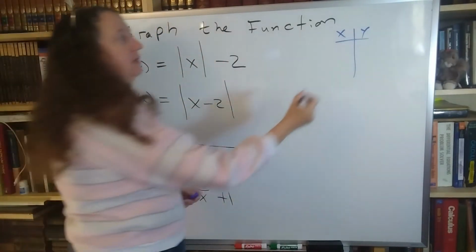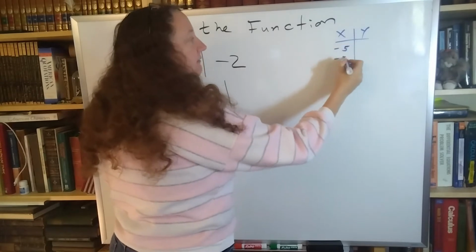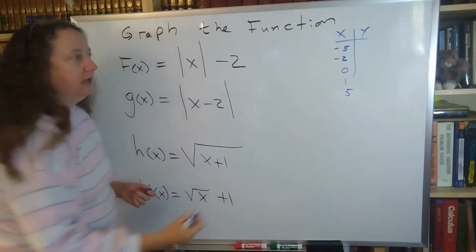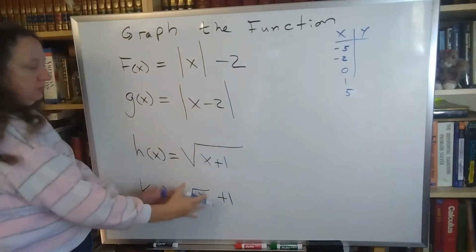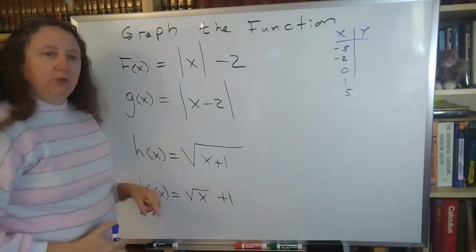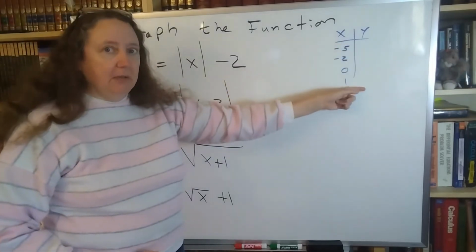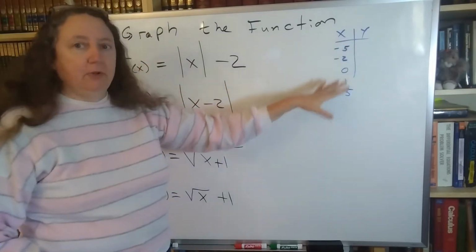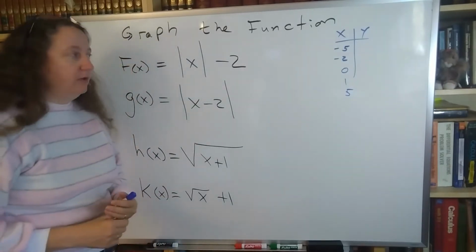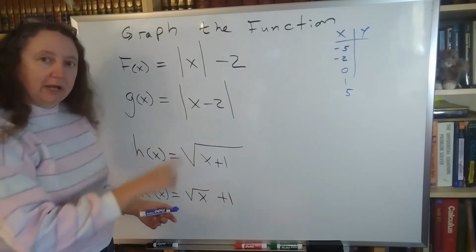And you just choose a number of numbers, so -5, -2, 0, 1, 5, stuff like that, and you work those through your problems. That way it will always work. You will get decimal numbers sometimes, but you will always be able to do this. If that's the way you want to do it, you should already know how to do that from doing straight line equations and from doing quadratic equations.